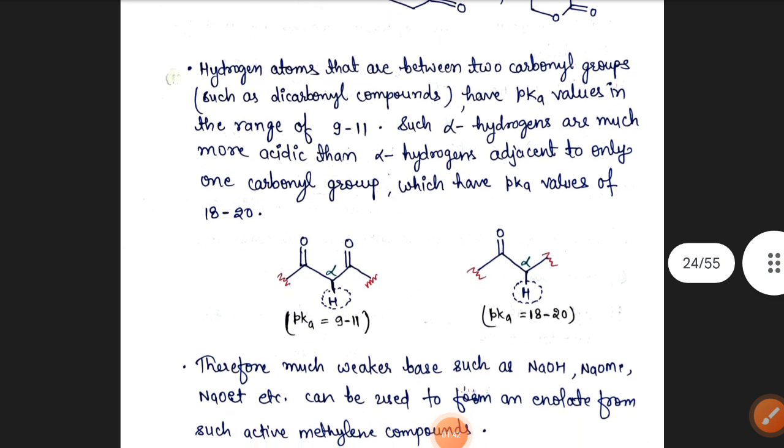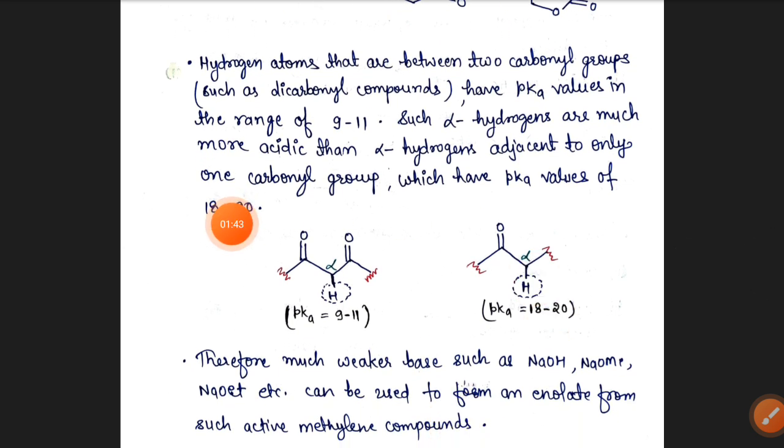The higher the pKa value, the lower the acidic strength. So when active methylene groups are attached to this, the pKa value is lower.